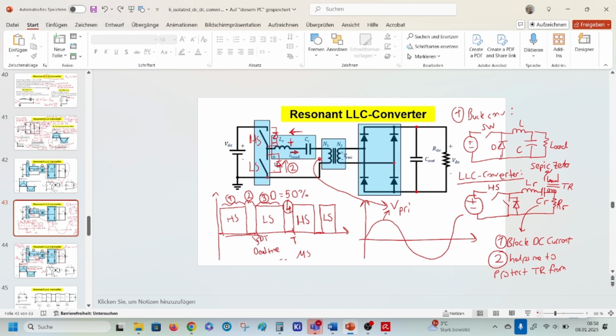Saturation. Yeah. But basically, it's a buck converter.